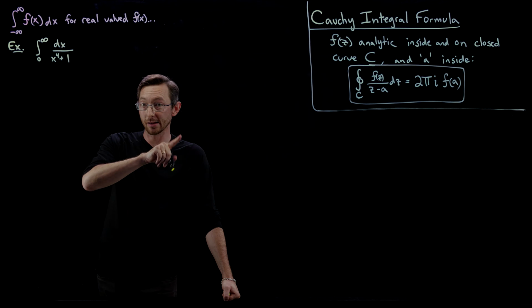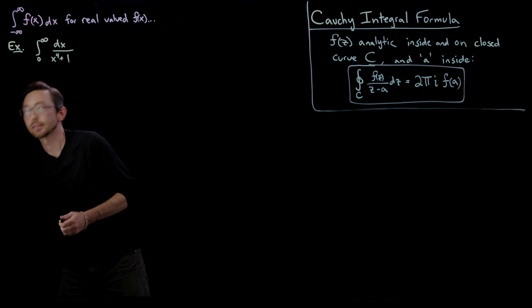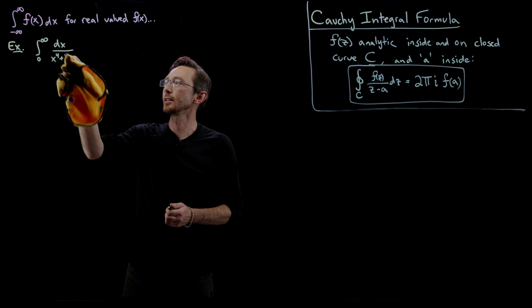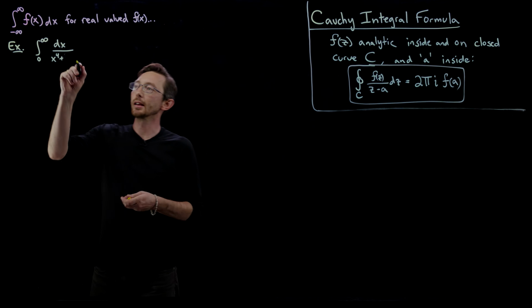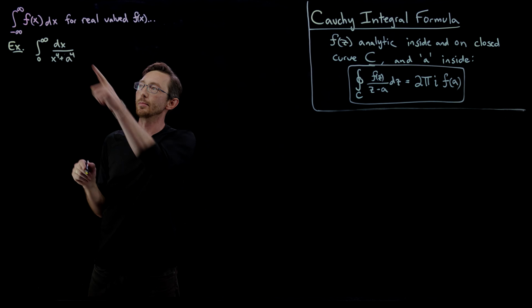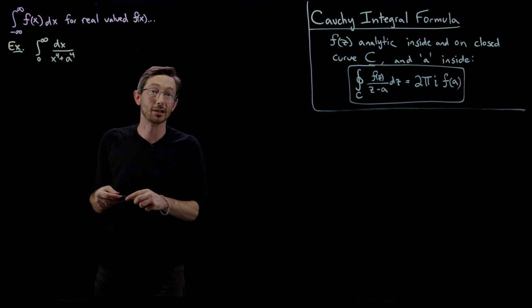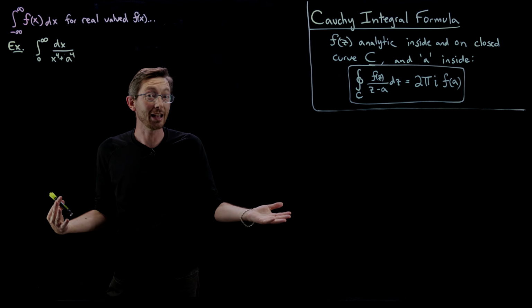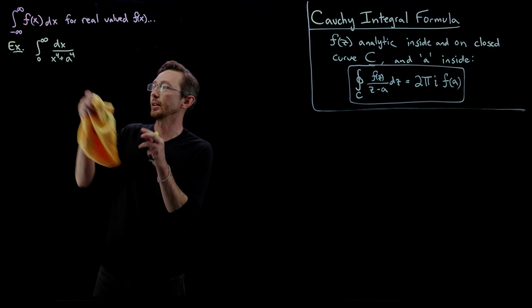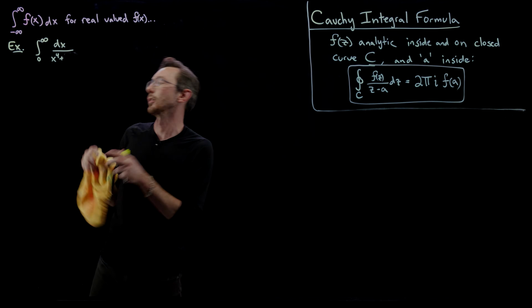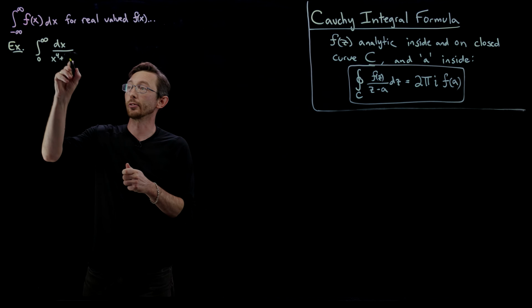Okay, and as a homework you are going to extend this. As a homework, you are going to solve the problem dx over x to the fourth plus a to the fourth for a generic a. But it's going to make my life a lot easier on this tiny whiteboard to do this for a equals 1.